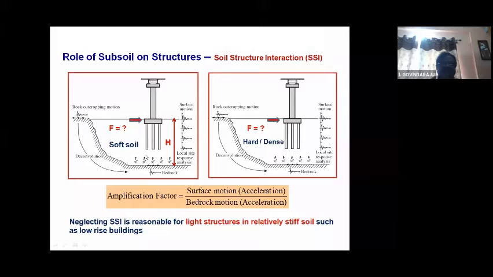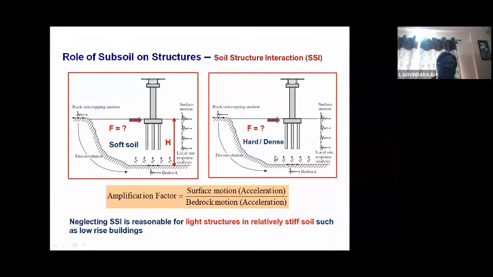And definitely here, as these inertial forces are generated onto the ground, the inertial forces are developed here. Say for example, F equal to ma. Even though the mass of the structure is the same, the acceleration gets modified at the top, and the seismic force is different here.